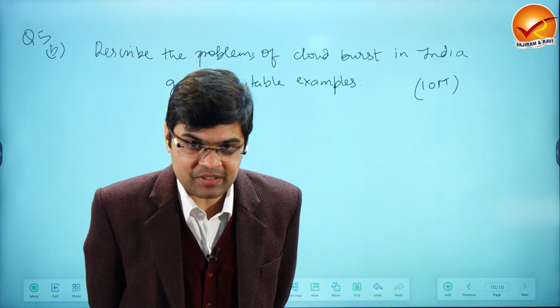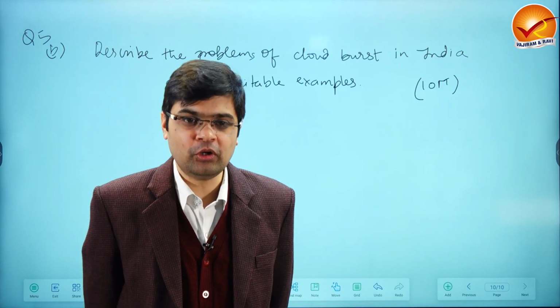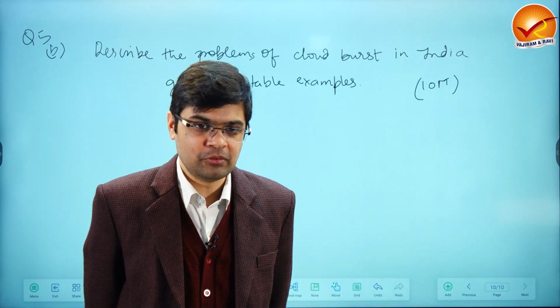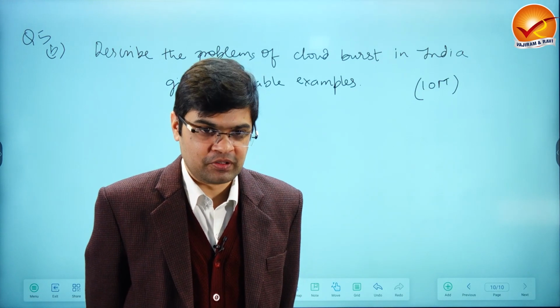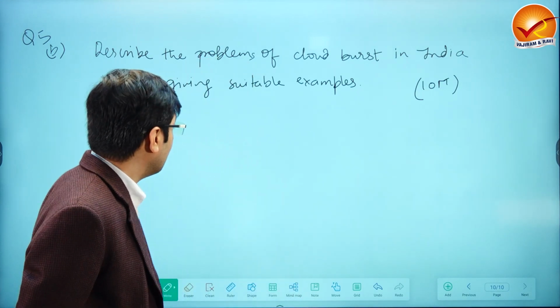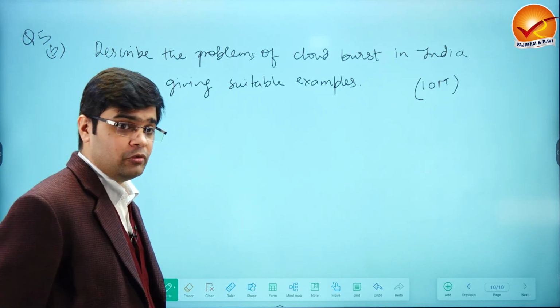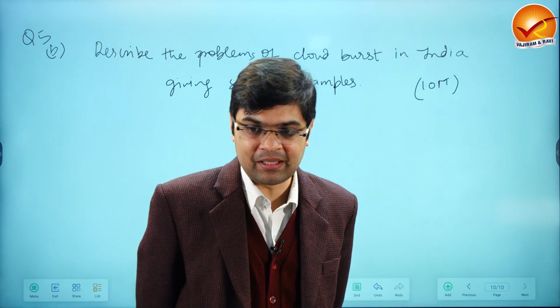What is the examiner asking you here? He's asking you the effect of cloud bursts. Okay, so he's not asking you about the mechanism of cloud burst. He's asking what are the problems of cloud burst in India, and you have to explain it with examples. Okay, you have to describe.